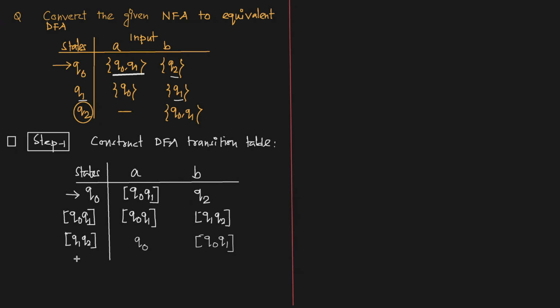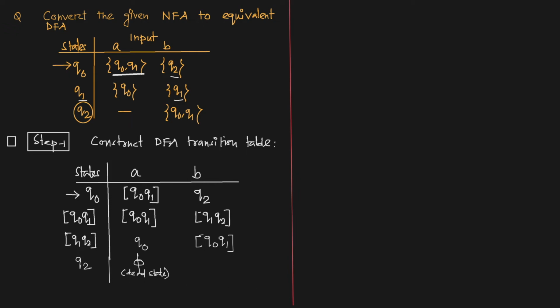So Q2 on A: there is no transition, so this is the dead state. Q2 on A is phi. This is the dead state.